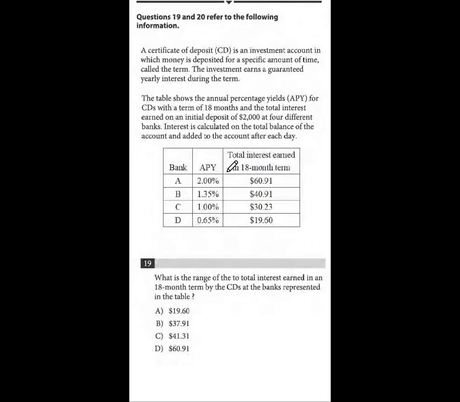So basically this part right here. We need to find the range of these four values. In this case, the highest value is 60.91, and the lowest is 19.6. So we take 60.91 and subtract 19.6 from it. That gets us 41.31. In that case, the correct answer should be answer C.